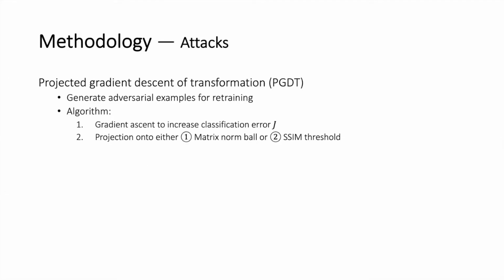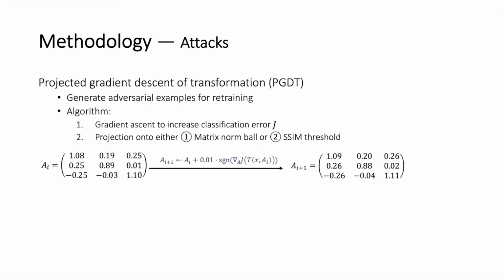The second attack we propose is PGDT, or the projected gradient descent of transformation attack. Let's see the example here. Basically, the PGDT attack contains two steps. The first is to perform gradient descent with respect to the transformation matrix so that the classification error can increase. And the second step is to project the transformation matrix via one of our proposed metrics.